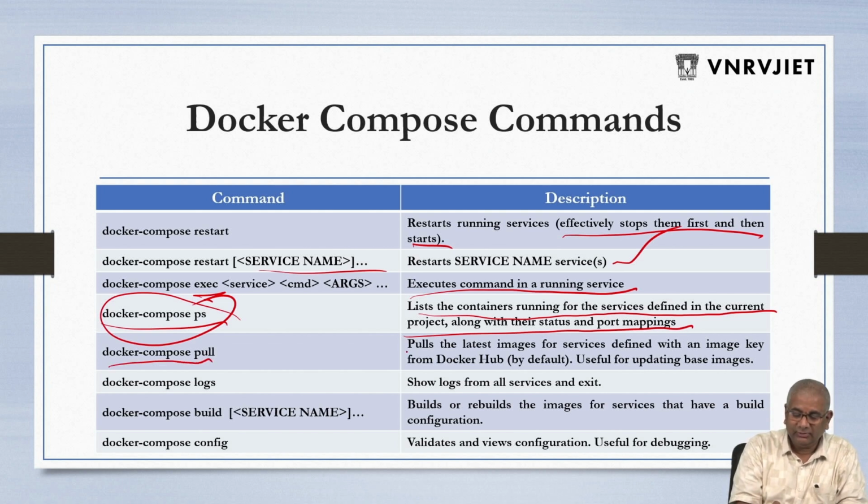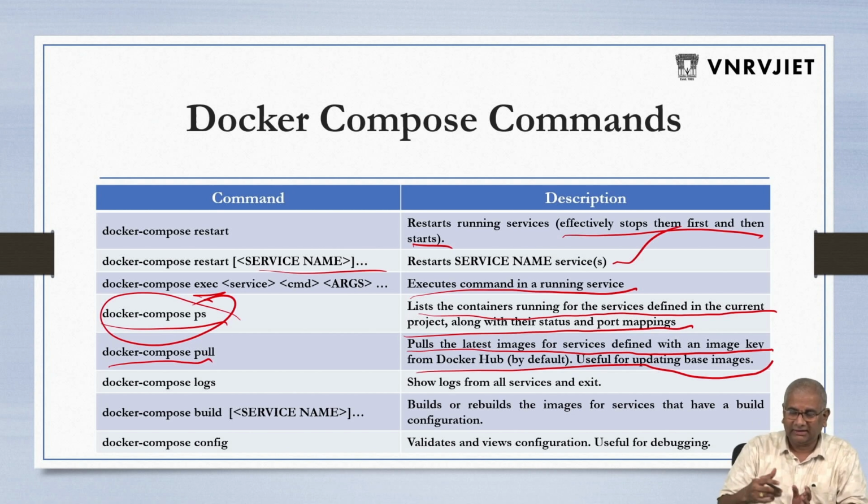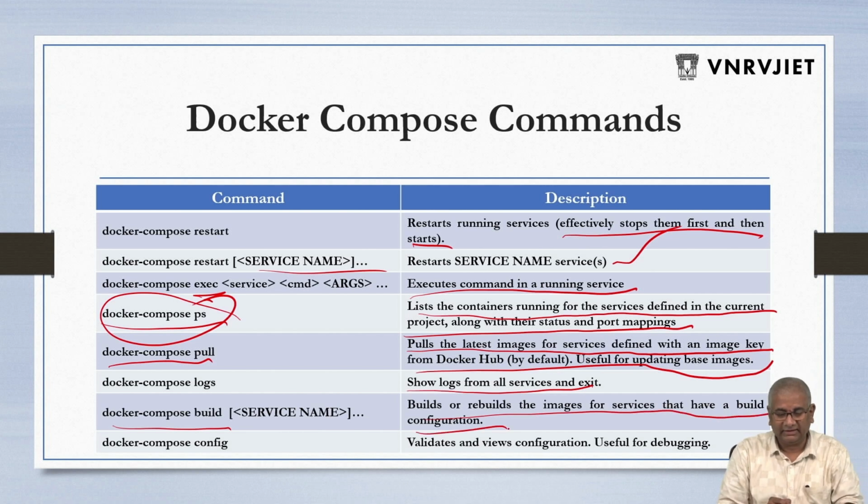Docker compose pull pulls the latest images for the services defined with the image key from Docker Hub, useful for updating base images. When you want to update all the images with the latest ones, you can use the pull command. Docker compose logs shows logs from all services and exits. Docker compose build builds or rebuilds the images for services that have a build configuration.